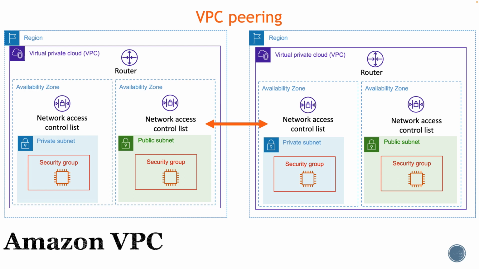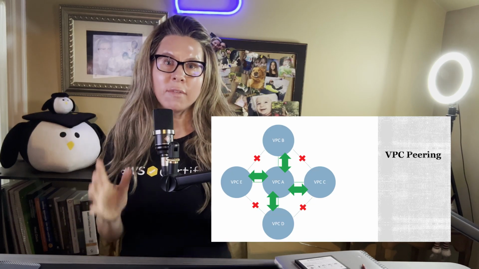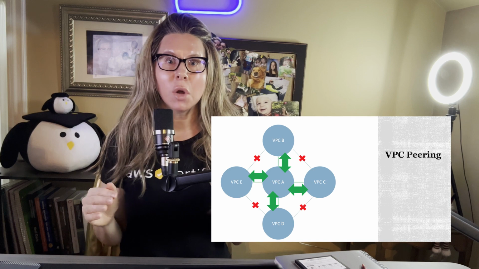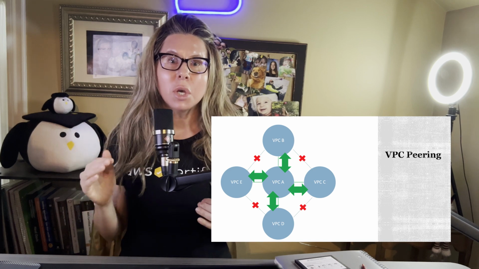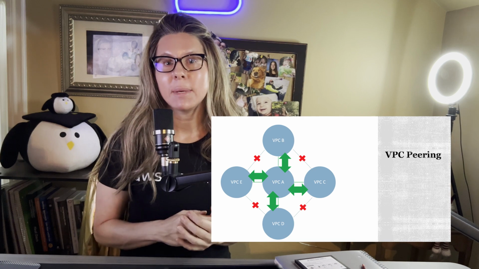We do have an option to make our VPCs communicate in a transitive way using a transit gateway. So let's quickly do an introduction to transitive peering because it will most likely be on your exam. With VPC peering, we have a configuration like this diagram. You can see VPC A is in the middle and is peered with the other VPCs.